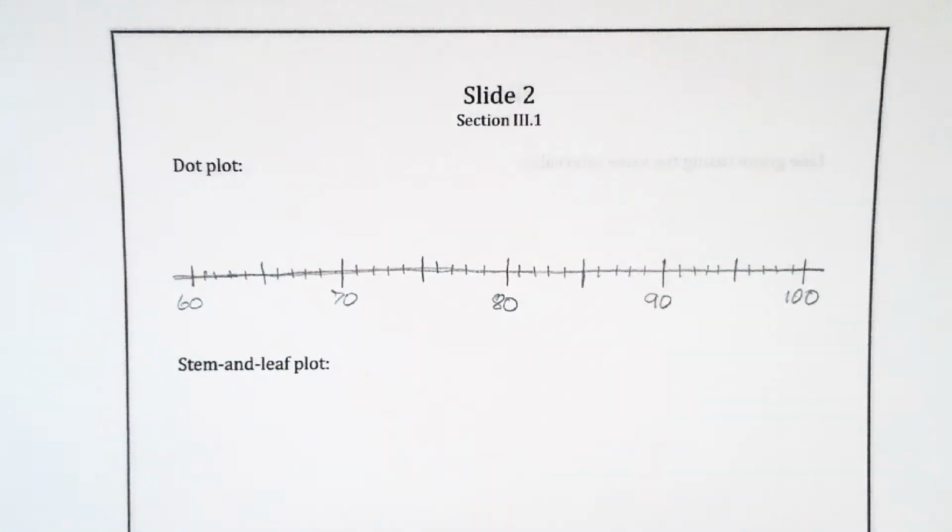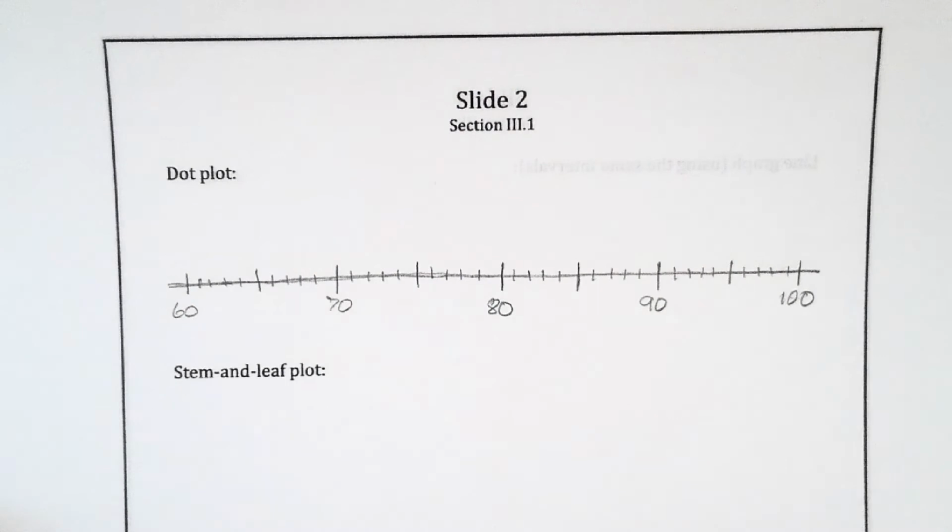Now I'm just going to put a dot for each of the scores above the appropriate point in the number line. And if I have more than one data point that's equal to that same score, then I just have more than one dot on the plot.